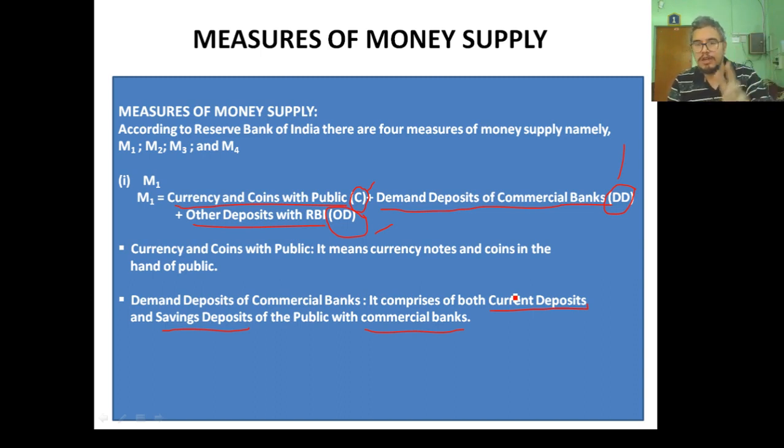So here there are two types of account deposits, that is current and savings deposits. In current deposits, you can put money into your bank account as many times as possible, and you can also withdraw the money as many times as possible. For maintaining current account deposits, you will not get any rate of interest against the current account deposits which you have kept.